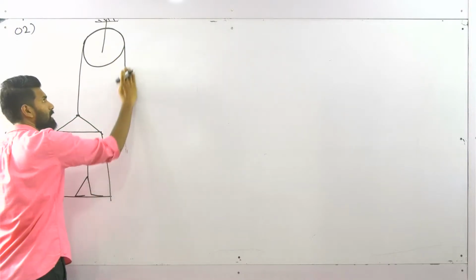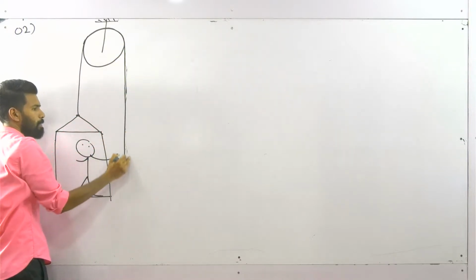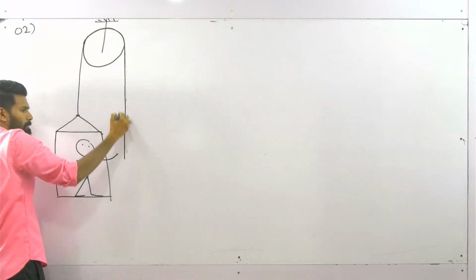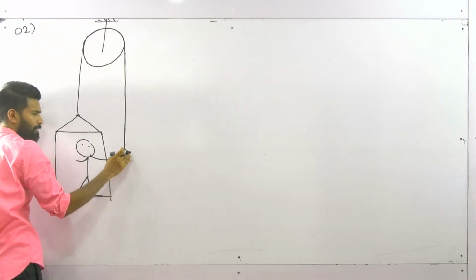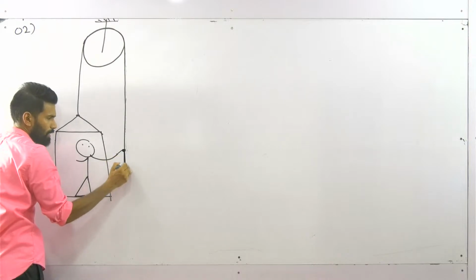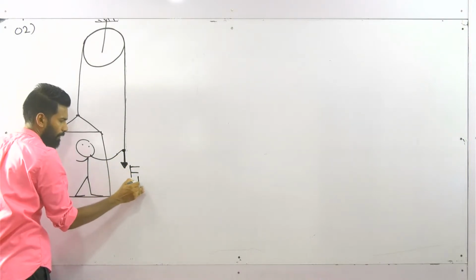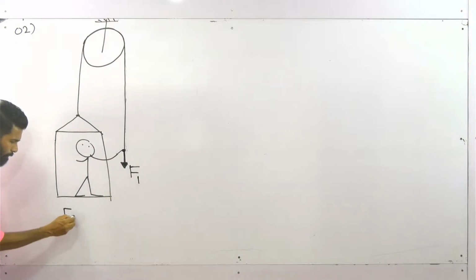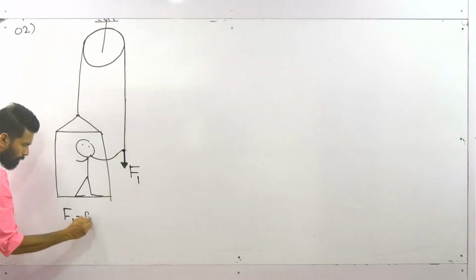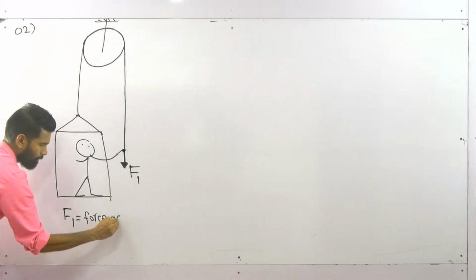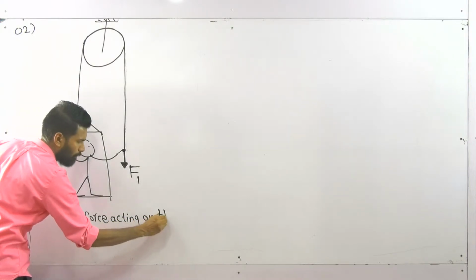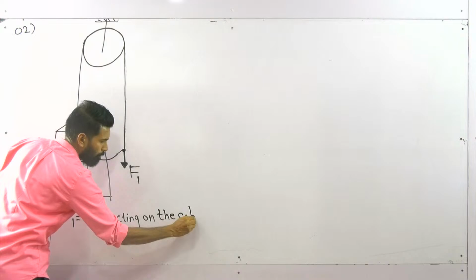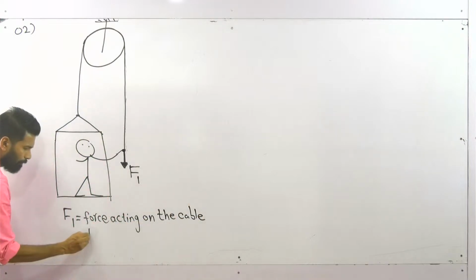What happens after the cable is here? This man pulls the cable downward. So this is F1. What is F1? Force acting on the cable by the man.